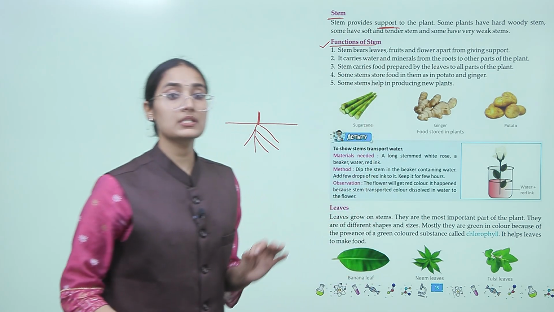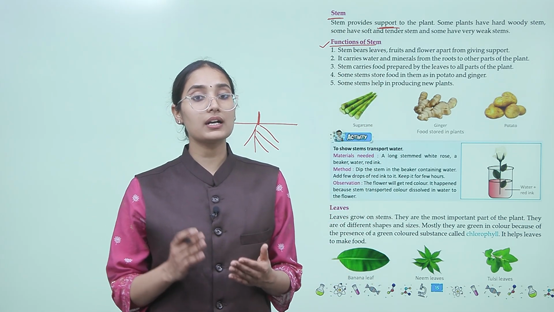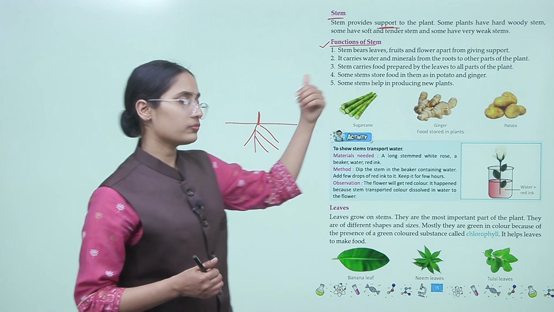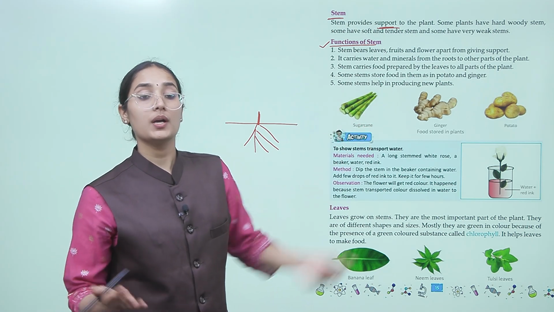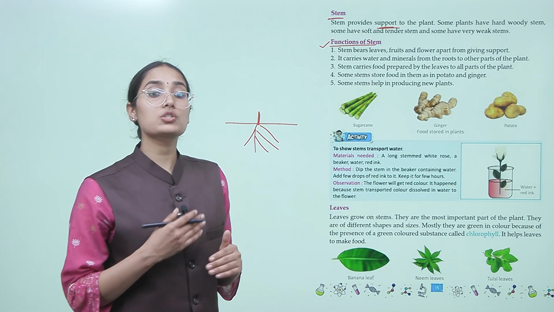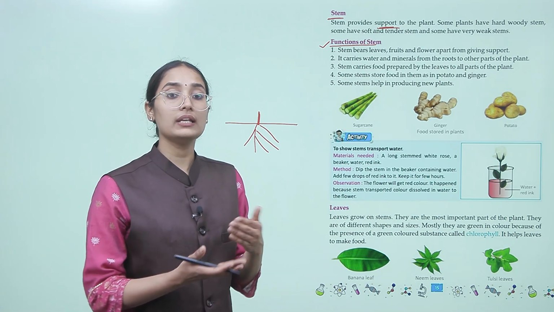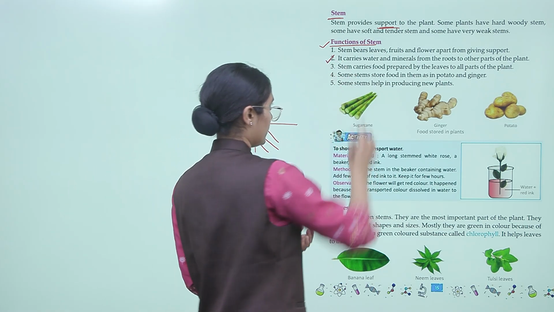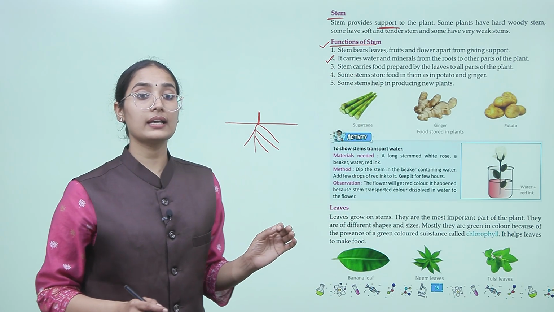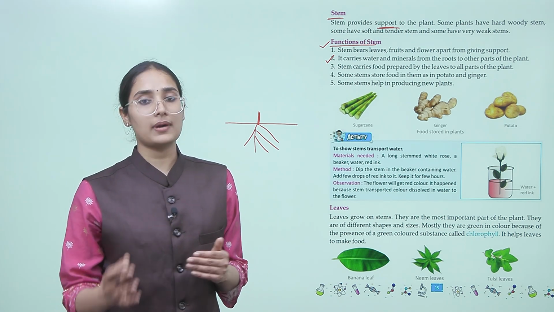Now what are the functions of stems? A stem bears leaves, fruits and flowers apart from giving support. So the first simple function is that it gives support, but besides that, it also gives place for leaves, fruits and flowers to emerge. It carries water and minerals from the roots to the other parts of the plants.